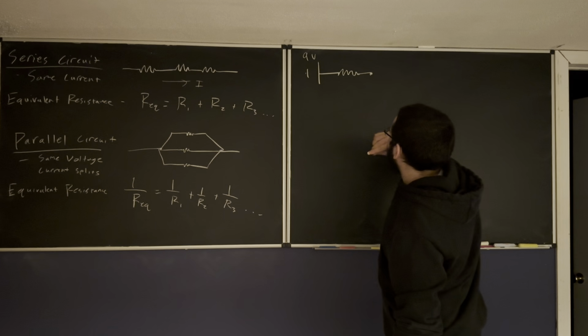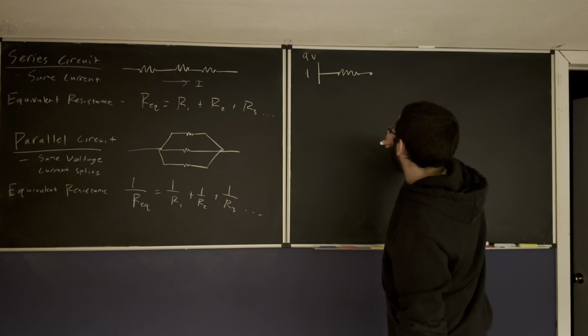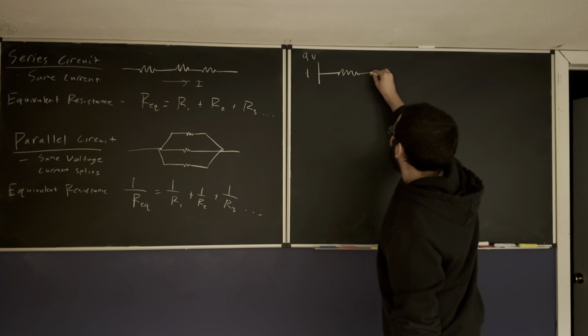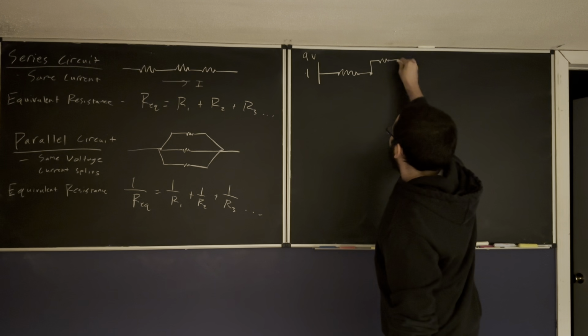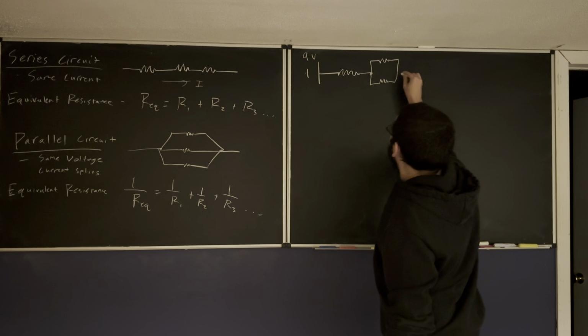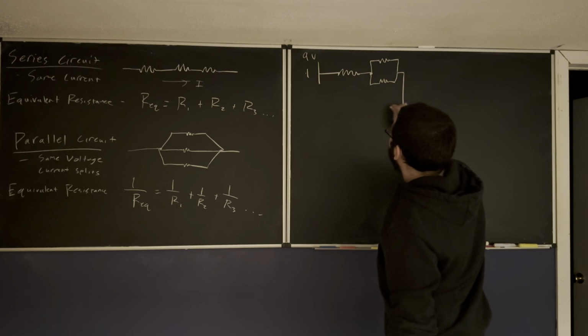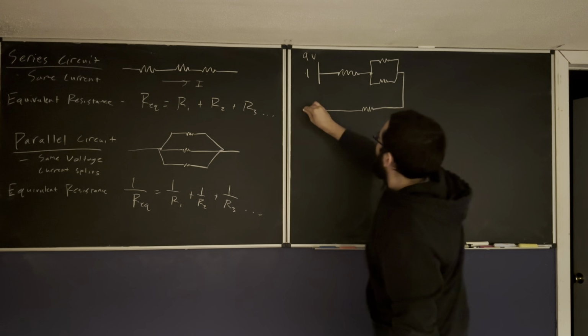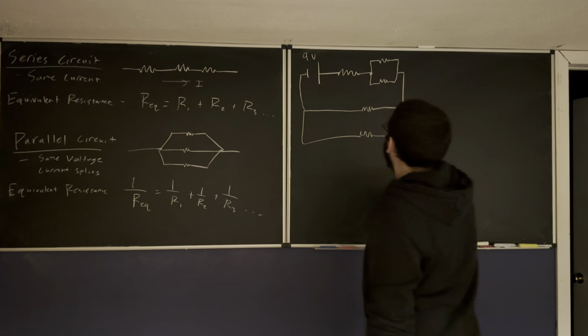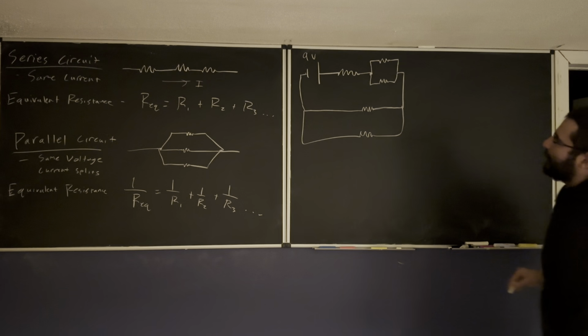I want to do 2 sets of parallel resistors so that we can really make sure we understand it. Say we have these two in parallel. Then we can have another one here, and then I'll throw in another one over here. All right, that's adequately complicated.